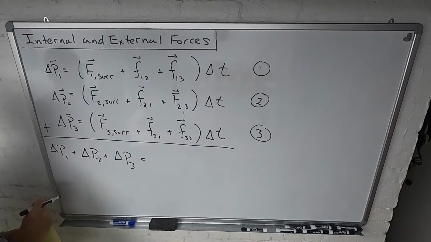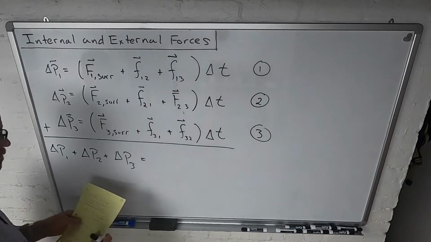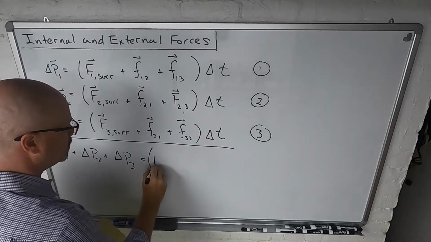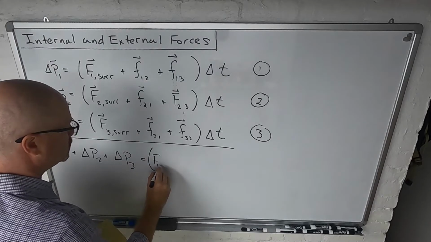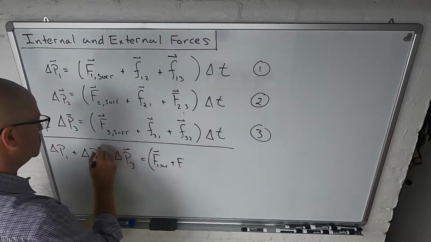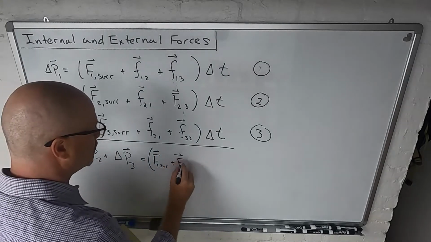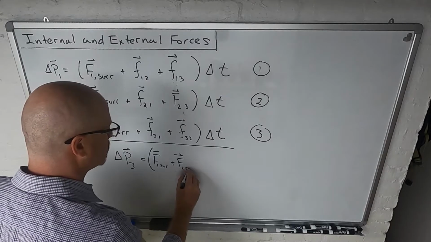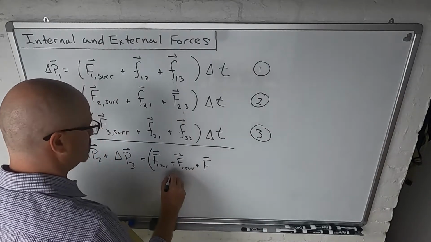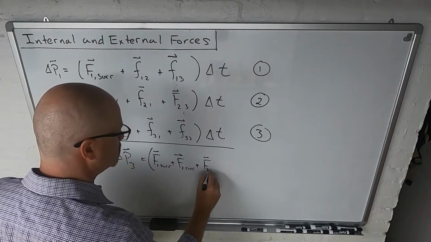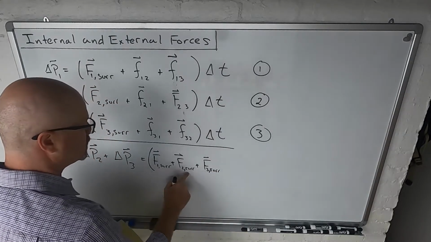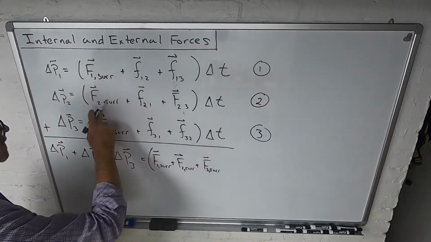Well, we're going to have to sum all of these things up. So I'm going to take all of my surroundings and sum them up: F1 due to the surroundings plus, everybody's a vector, F2 due to the surroundings plus F3 due to the surroundings. All right, so the force on 1 due to the surroundings, force on 2, force on 3, that's these.